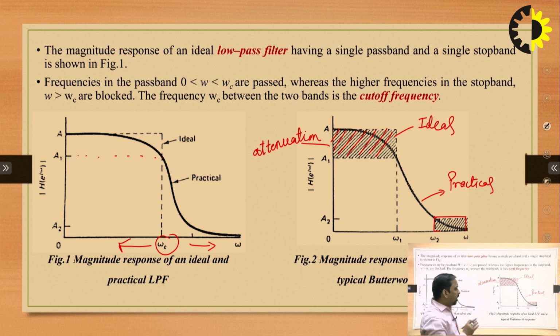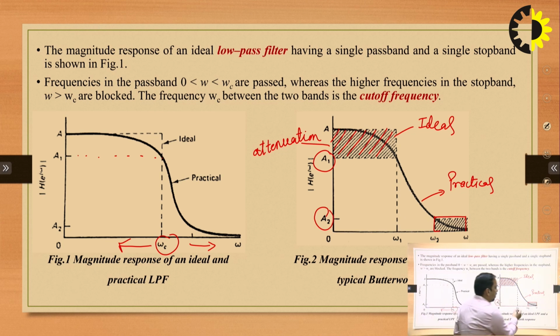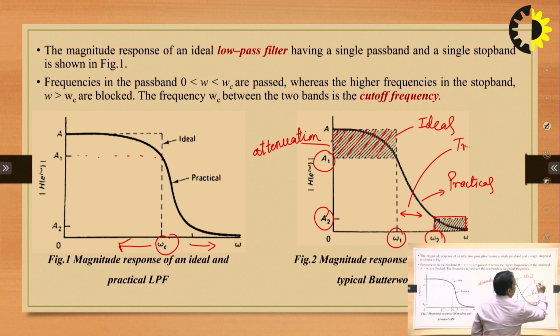As per the specification of the filter, we have the attenuation in pass band and the attenuation in stop band. Also in frequency we have the pass band frequency and the stop band frequency, and between them we have a band which is called the transition band.